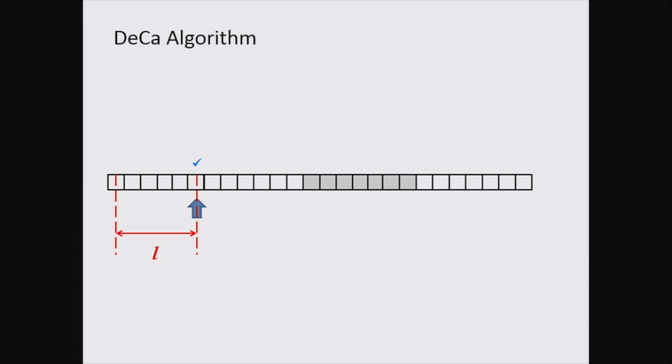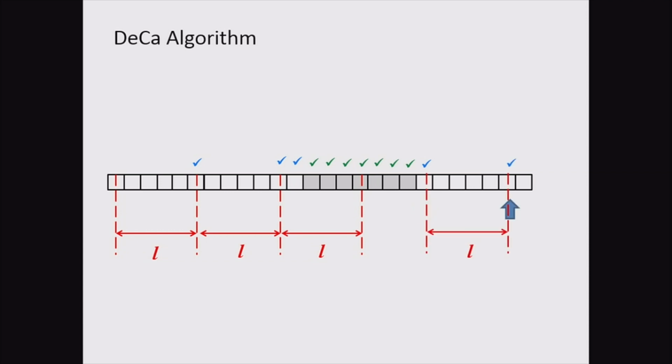Then we examine another block which is L blocks from the last examined position. We keep doing this until we find a block with some relevant data. At that point, we step back and use normal header and footer signature detection to identify the boundaries of the file. Once we reach the end of the file and there are no further JPEGs there, we revert back to stepping with the length L. And L is given as a parameter to our Carver.